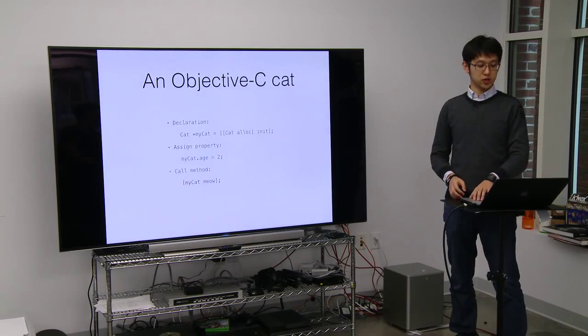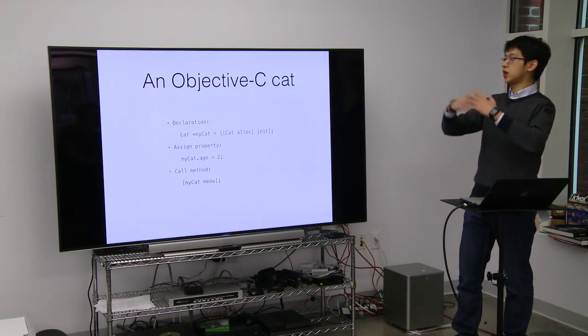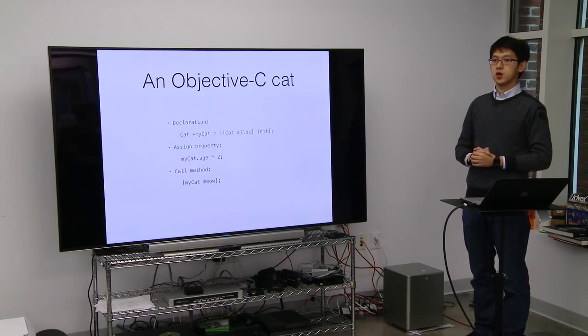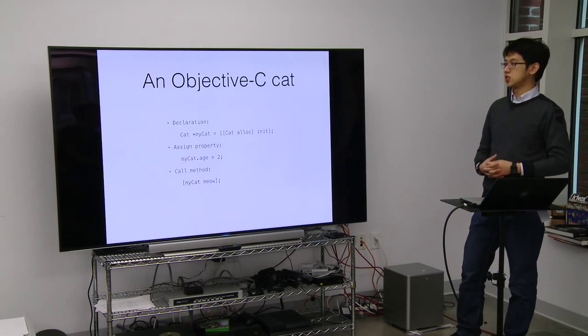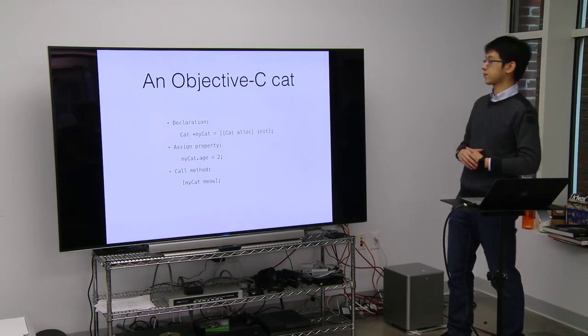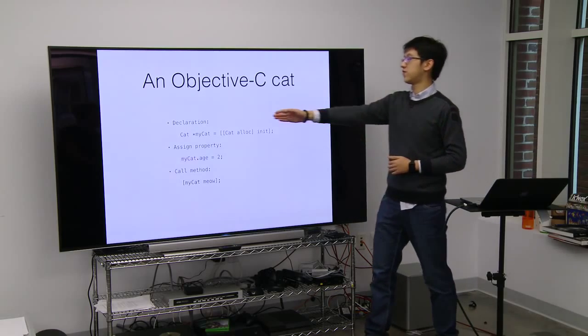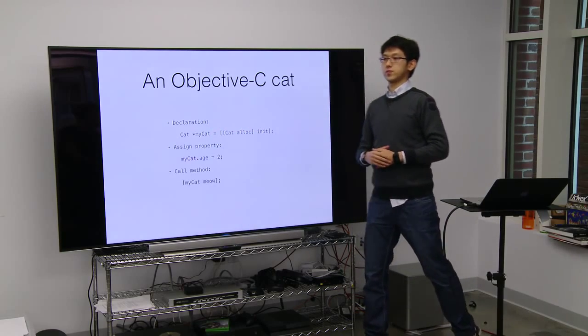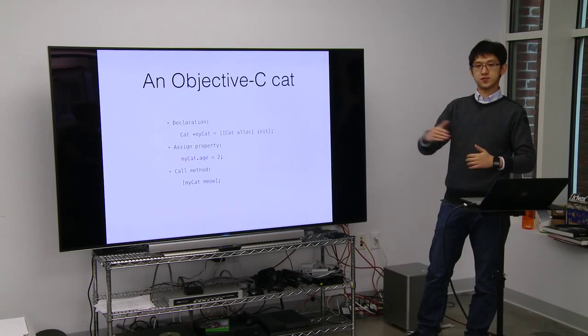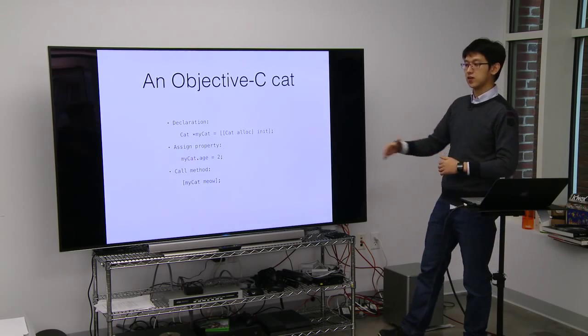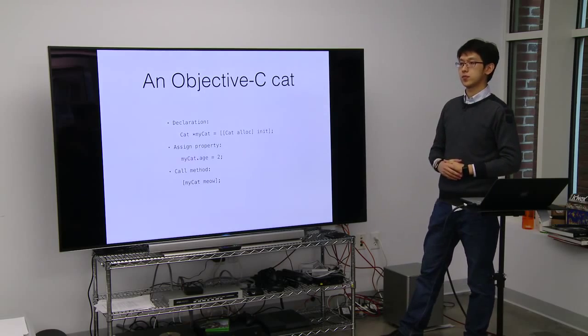So now the question becomes, how do you declare a variable? The way you use a class to create an object in Objective-C is written here. You first specify that this is a cat pointer, because every object in Objective-C is finally implemented as a pointer.